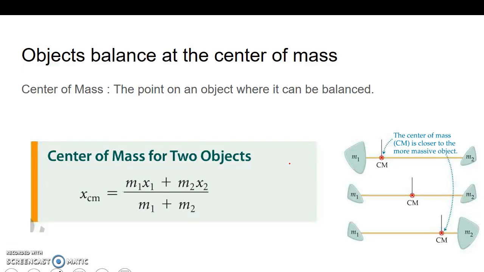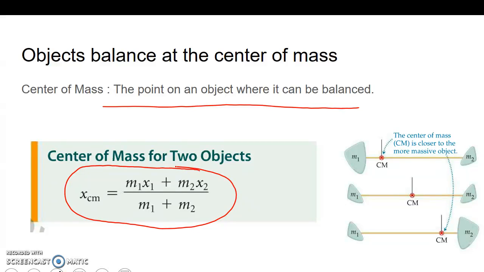Now, objects will balance at something called the center of mass. The center of mass is the point where an object can be balanced. Now, this is a pretty steep-looking equation. But if I want to find the center of mass for two objects, I pick a point, wherever that is, and I multiply the mass of 1 times the distance away, plus the mass of 2 times the distance away from that point, and then divide it by the masses added together, and I can find the center of mass for these two objects.